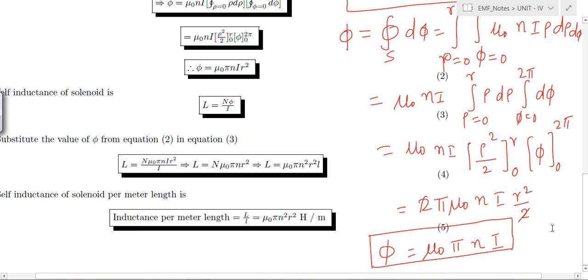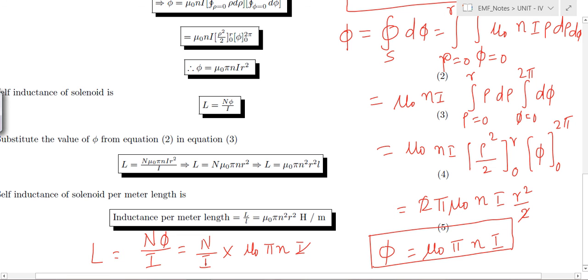Therefore, L is equal to N into psi divided by I. So N by I into the value of psi is mu naught pi n I r square.